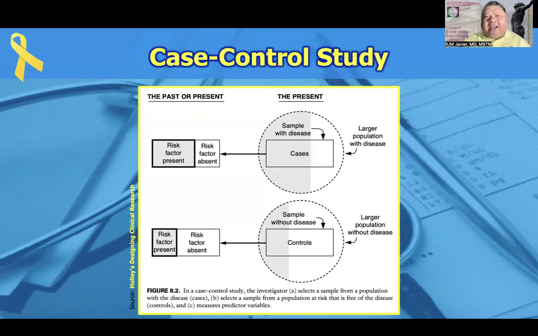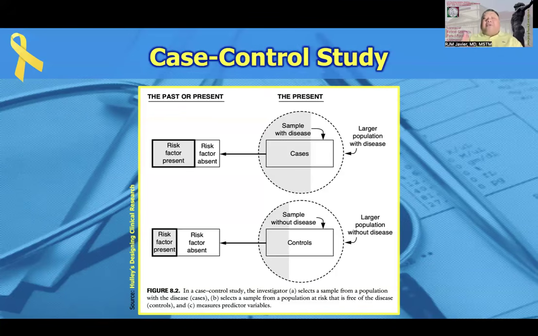In the same vein, you go to a different population, a population with no disease, and you also sample a representative set of controls. And you also go back in time to probe on whether or not these controls possess the risk factor or not. So when I talk of your general schema of a case control study, this is how we want you to draw the general schema.